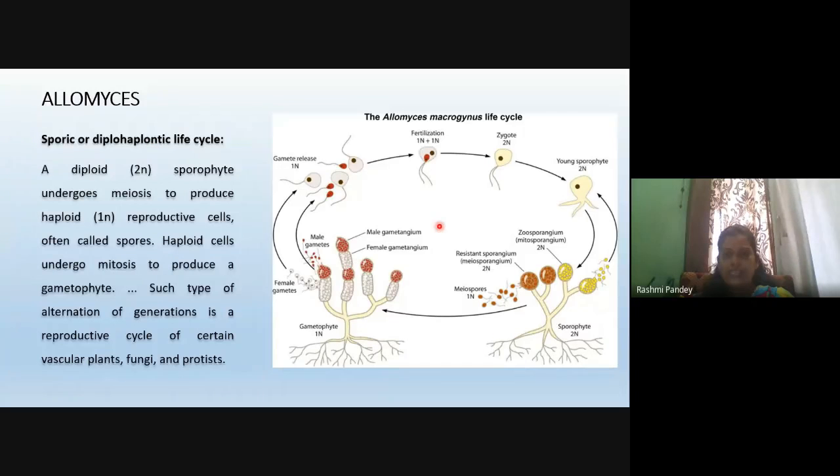We can see two kinds of thallus structure, one shown over here and one shown over here. Though morphologically different, gametophyte and sporophyte are seen. This one is 2n, having 2n hyphae and sporangiophores. This one is n, having only n number of chromosomes in hyphae and sporangiophore.